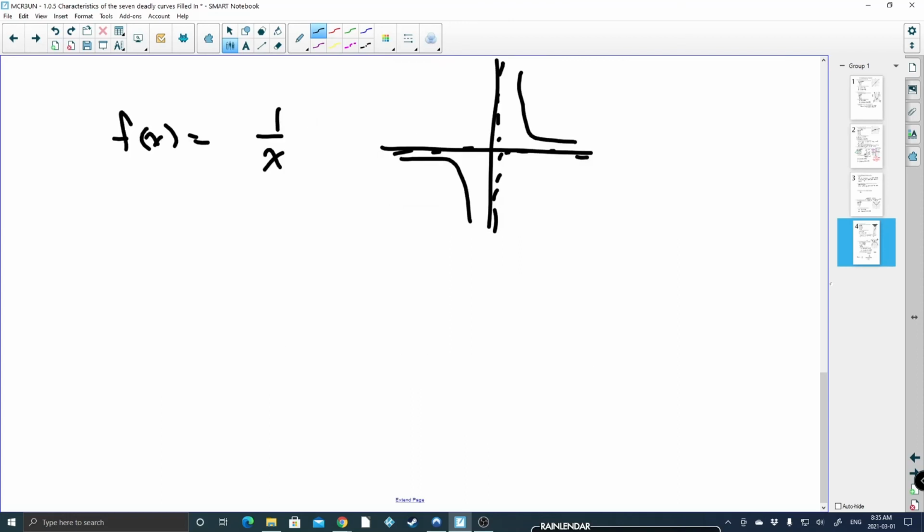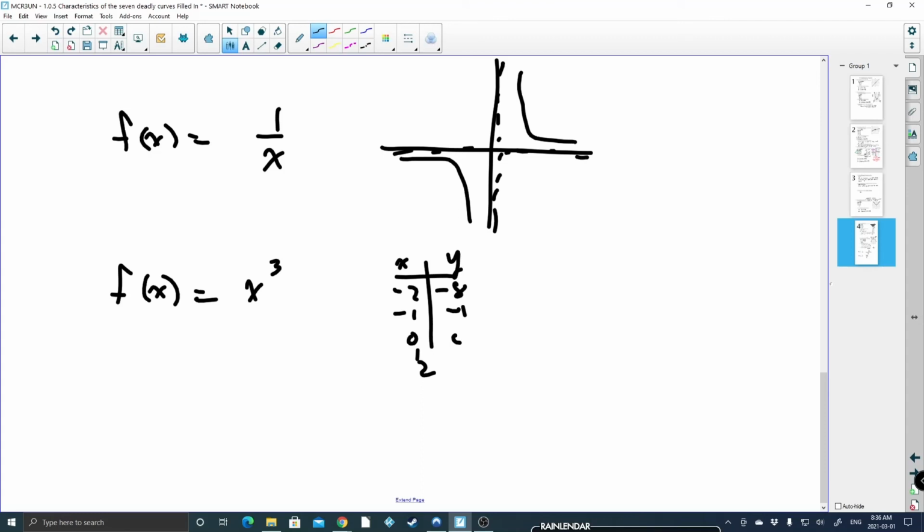If I give you f of x is equal to x cubed, sorry, my mistake. Okay, can you set up the table of values for that? So -2, -1, 0, 1, 2. -2 cubed is -8. -1 cubed, -1, 0, 1, and 8.